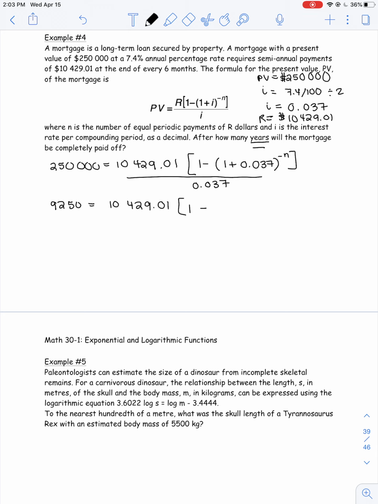And then I'm going to also simplify what's in the brackets by going 1 plus 0.037, which I know is 1.037 to the power of negative n. So we're just trying to simplify as we go, and then that's what we have so far after multiplying both sides by 0.037. Next, we're going to divide both sides by your R value.